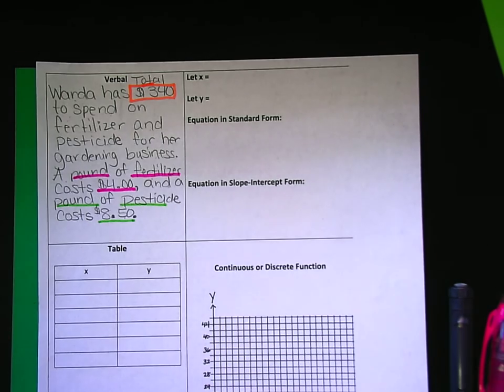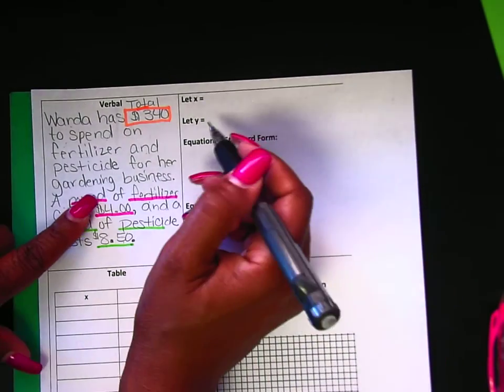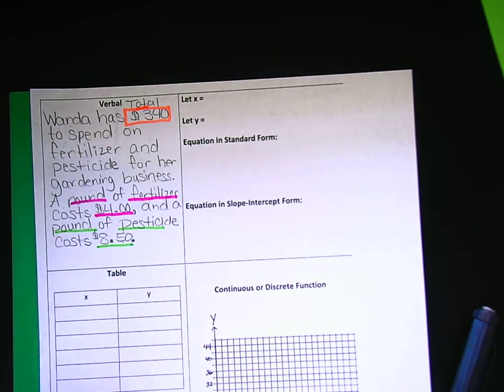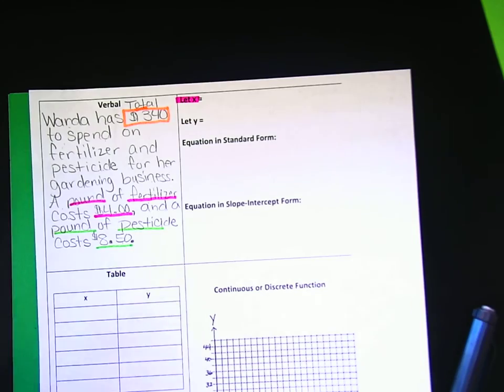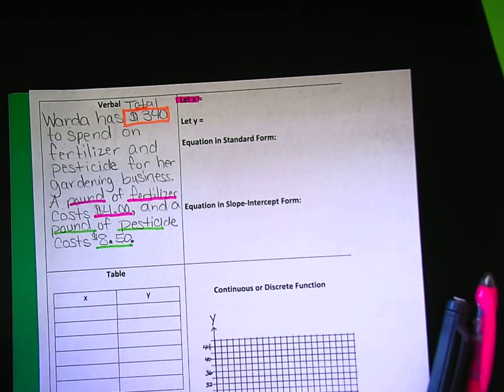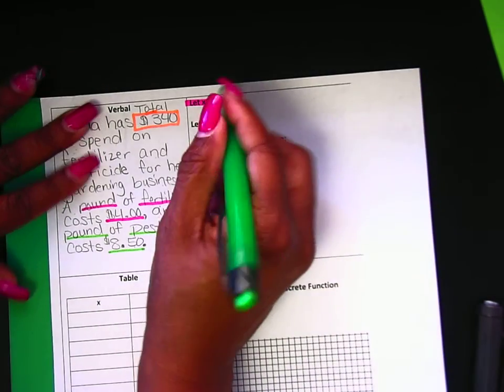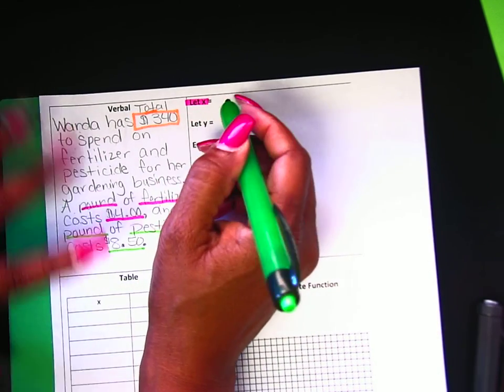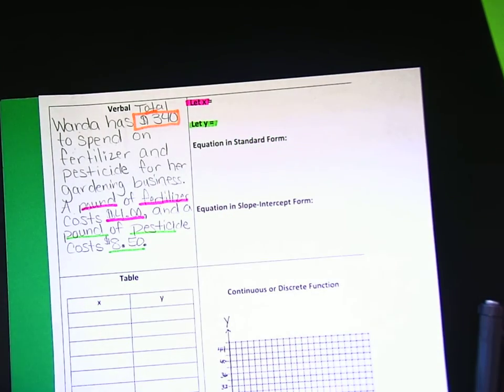So now for my unknown, I'm gonna define it. I'm gonna label my variables. That's basically what I'm gonna do. And I'm gonna color code this because my X, what I'm saying, let X equal, I have indicated it in my variable portion with the highlighters, coordinating the pink for the pink, and label my Y with the green.